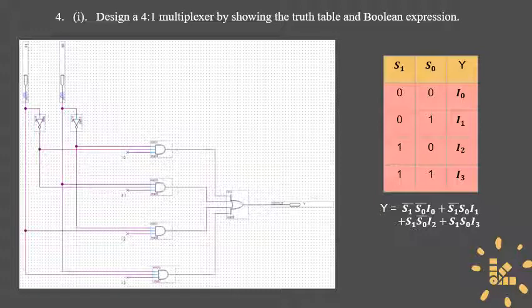Based on theory, the output of the multiplexer will refer to the data input that has been selected by the selector. For example, when selector 1 and selector 2 are equal to 0, the selector will select the first data input. So, from the 4 to 1 multiplexer, I have made the truth table and the Boolean expression.